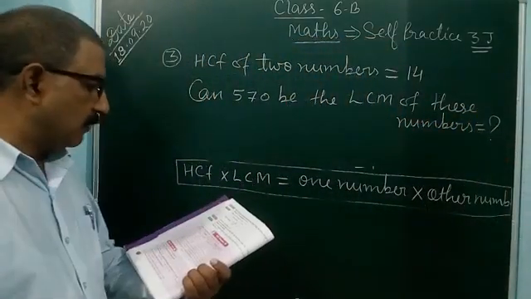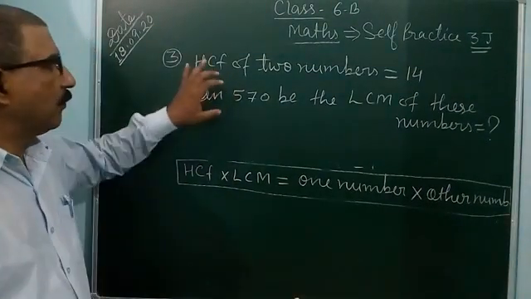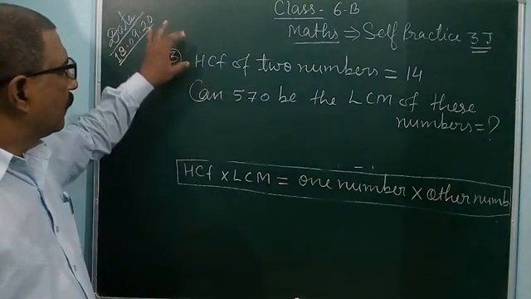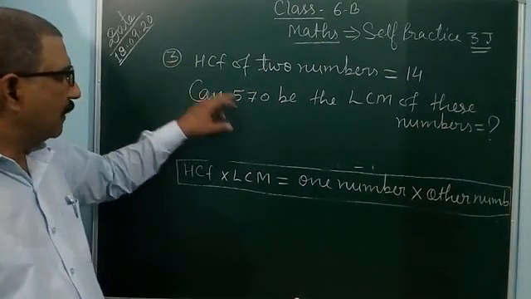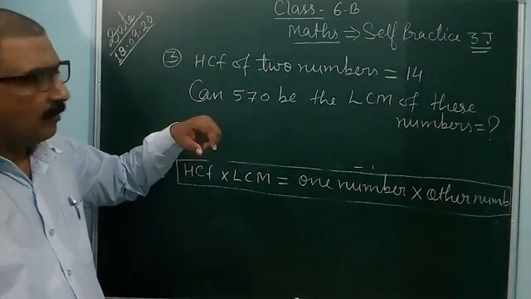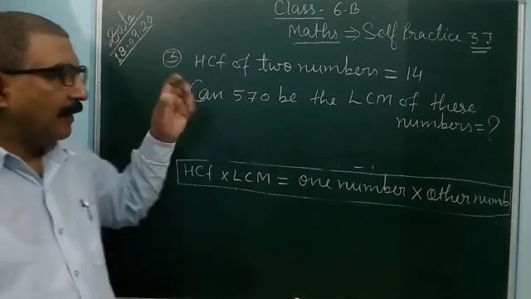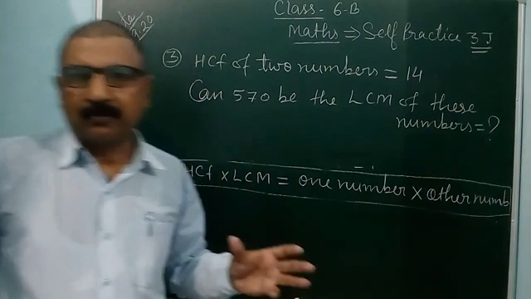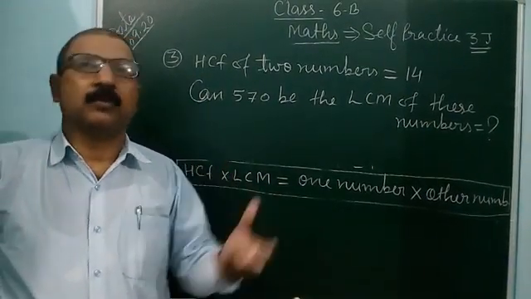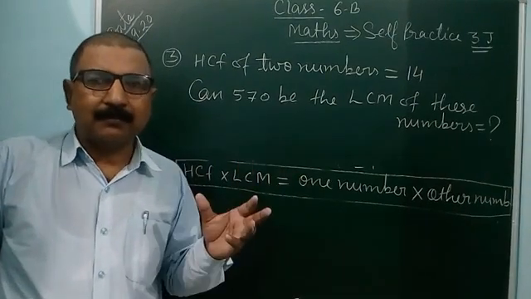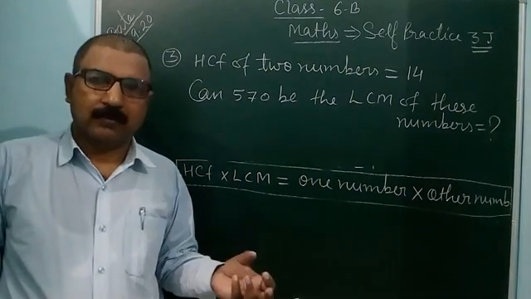So you can find the relation between HCF and LCM. By the relation you can prove whether, if the HCF of the two numbers is 14, the LCM can be 570.